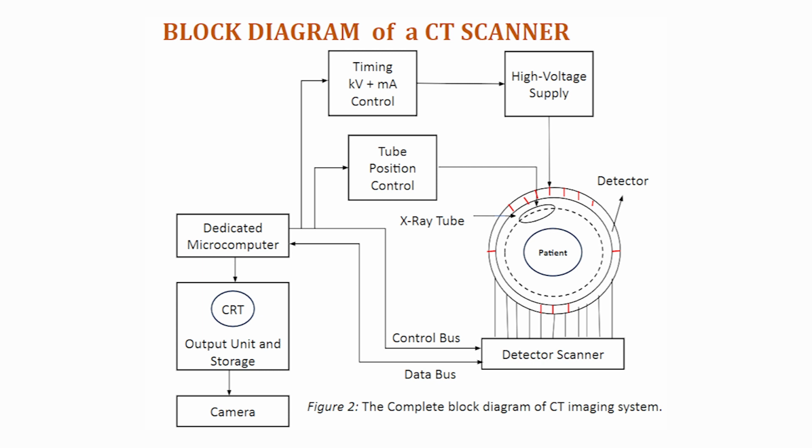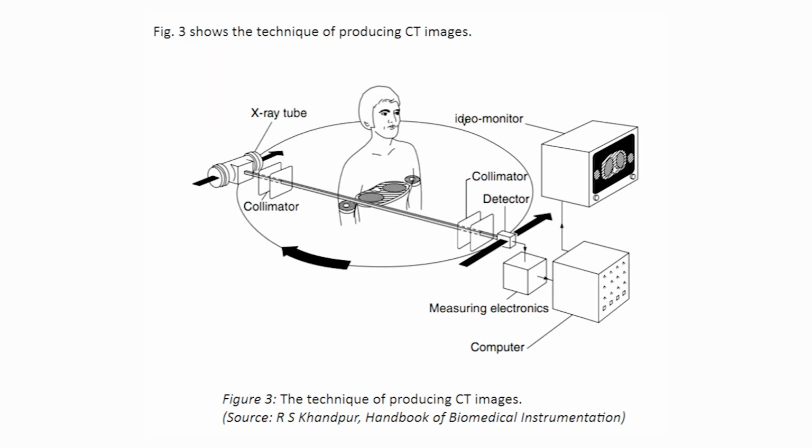You can see in this figure that a CT scan system consists of X-ray tube and detector, couch for patient, high voltage supply, timing, kilovolt and milliampere control, tube position control. You can also see dedicated microcomputer, storage devices and output unit along with a camera. We will see the function and working of each block.